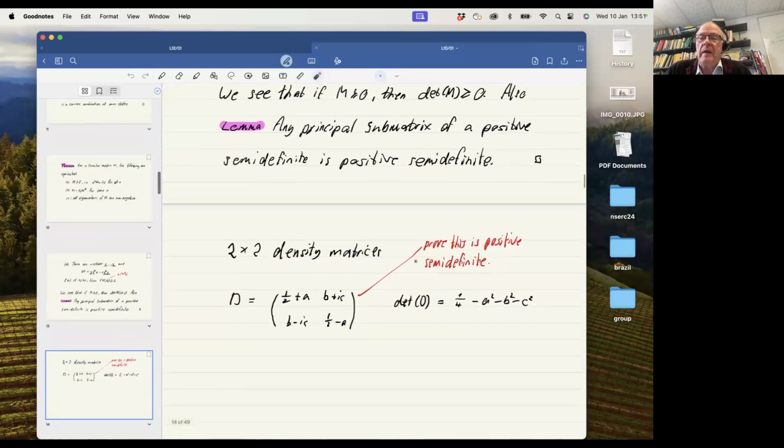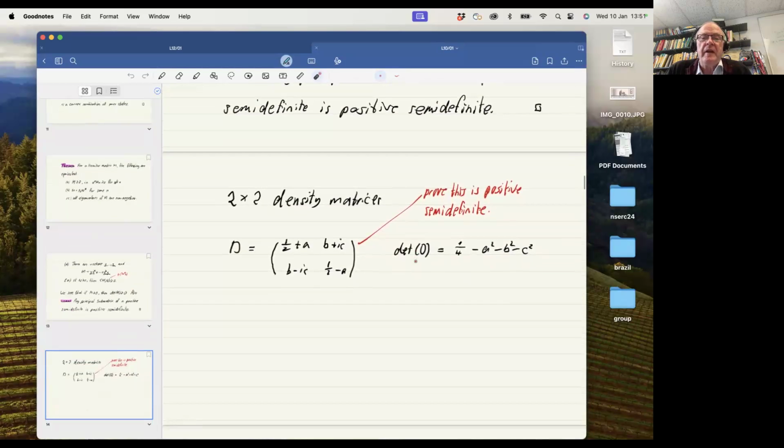Now, it's kind of interesting. For the 2 by 2 density matrices, there's a nice description. You can write every 2 by 2 density matrix in this form. So here you have 3 real parameters, A, B, and C. Now you can see that the trace of this matrix is 1. Okay, and the determinant is a quarter minus A squared minus B squared minus C squared. So the determinant is non-negative if A squared plus B squared plus C squared is at most a quarter.